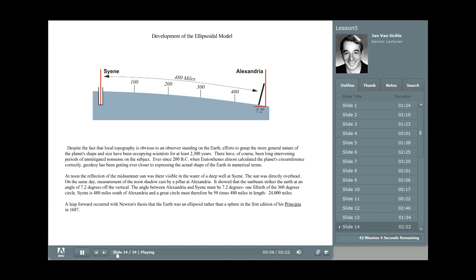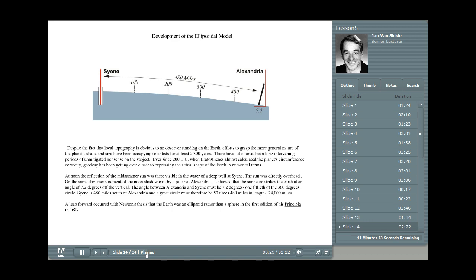Well, the first step in doing that has always been the building of a model of the Earth. And for a good long history, we have been trying to grasp that nature of the planet's size and shape.